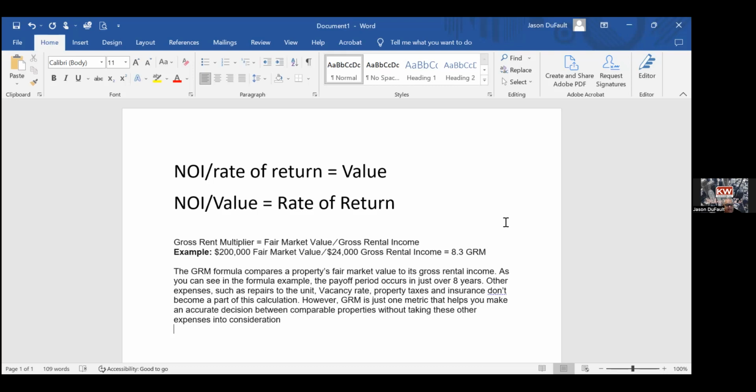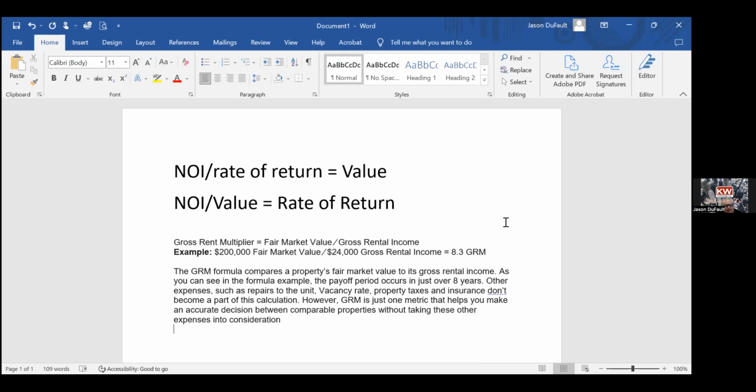Interesting, because a lot of the GRMs that we see in multifamily, let's say in the submarket of Long Beach, in Belmont Heights, right now we're really getting down to the nitty gritty, very block to block. It's worse than the cap rates.